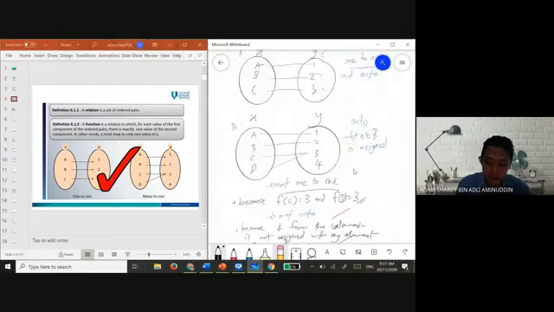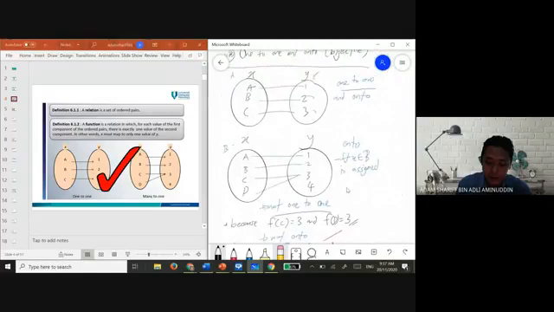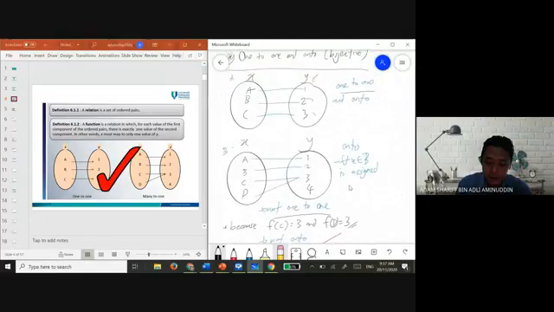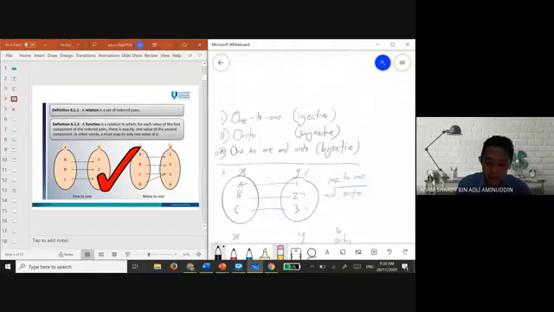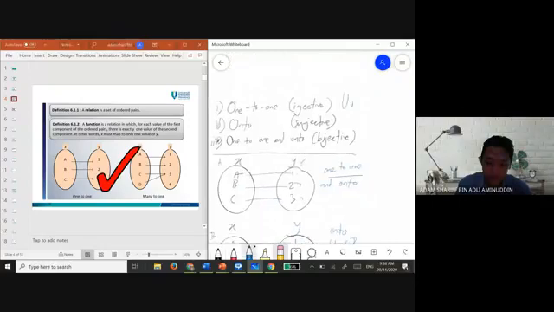Okay, so the difference between one to one and the concept of onto. One to one, the assignment of elements from the domain is unique to an element from the codomain. The keyword is unique, so I add here: unique assignment.